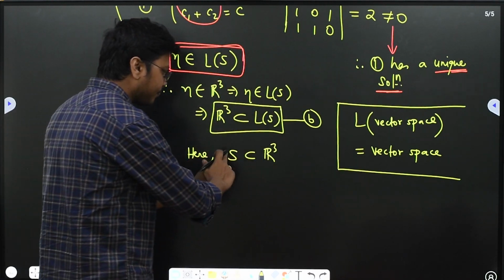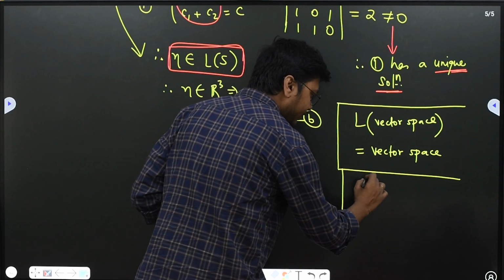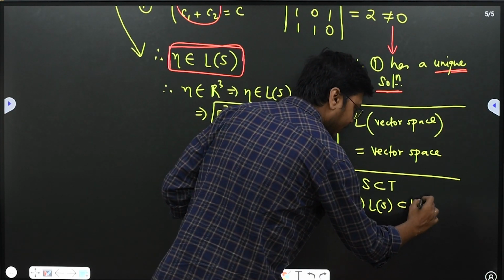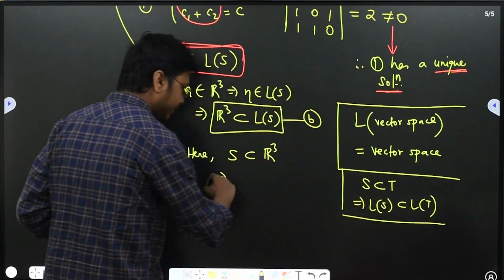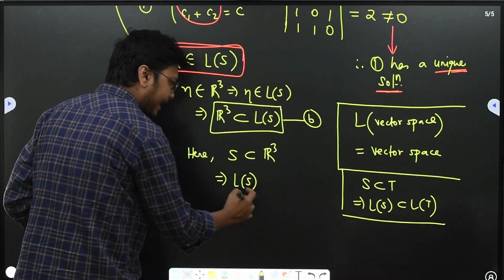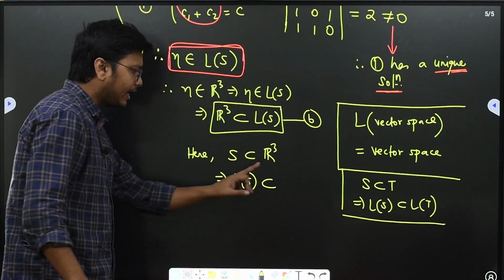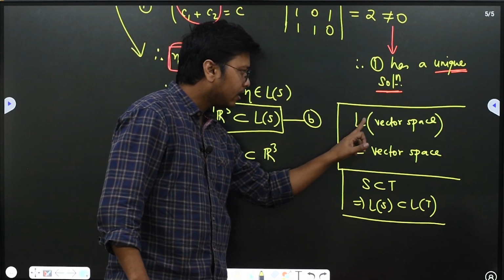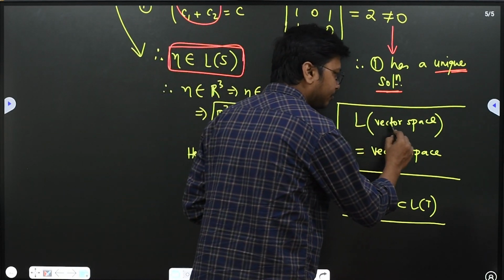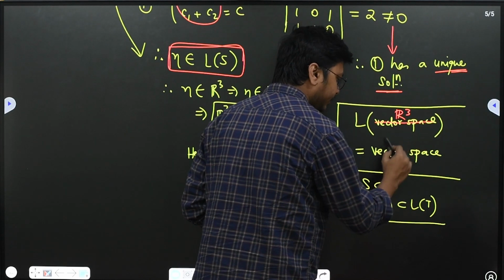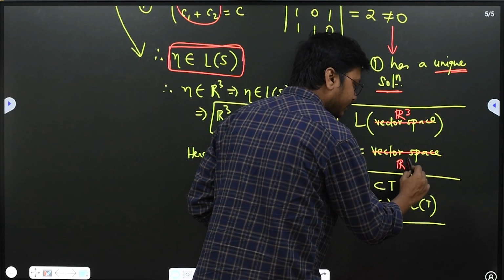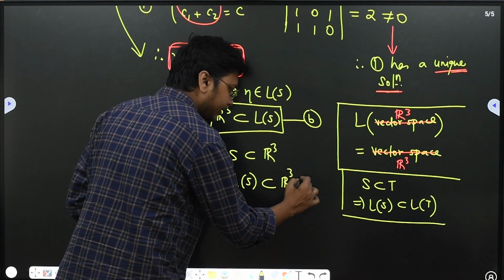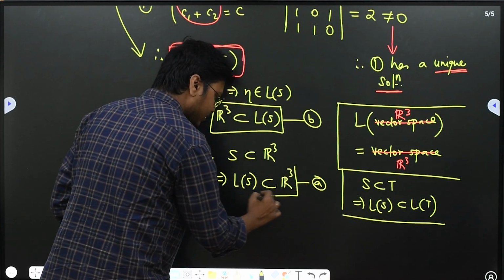Using the property that if S is a subset of T, then LS is a subset of L of T, if I take L on the left hand side, then on the right hand side I would have L of R3. Since R3 is a vector space, L of R3 would be simply R3. And this is my small a part.